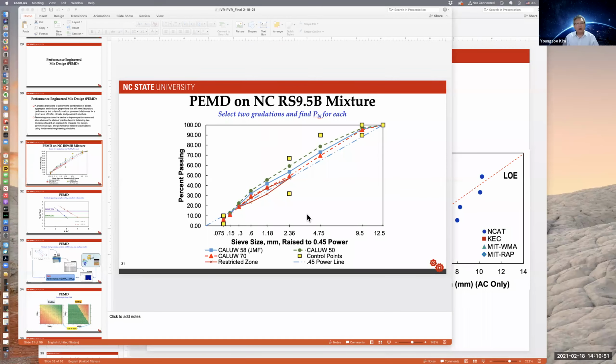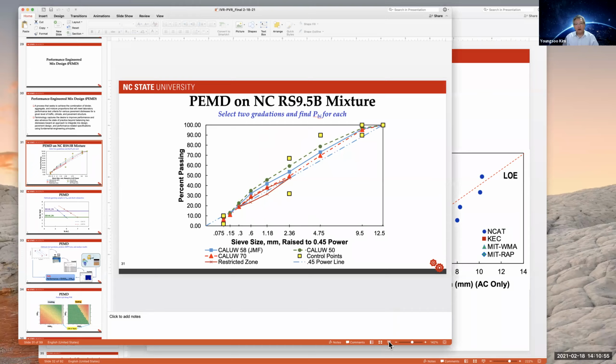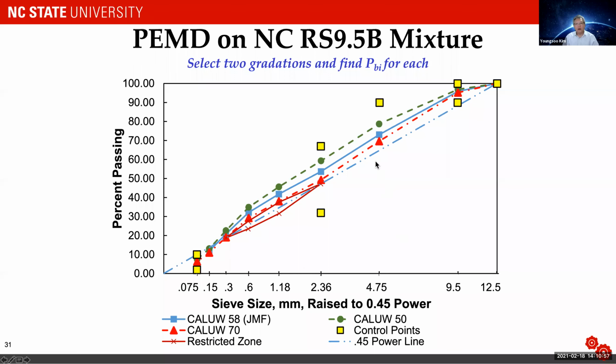Why was it 50 to 70? Let me share my screen. Because that was the existing SuperPave gradation. You see here? I guess your question is, can you cover fine to coarse, that wide range of gradation?